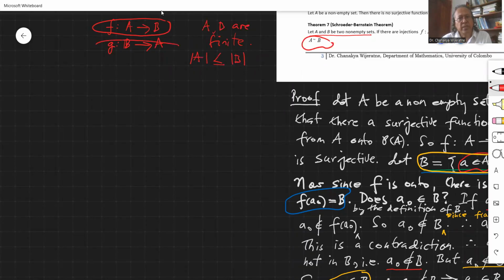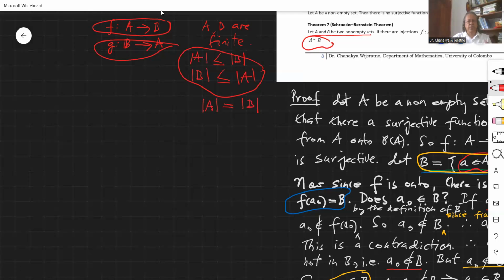And from the other injection, we can say that the number of elements in B has to be less than or equal to the number of elements in A, right? So if we have these two inequalities, we can say that the number of elements in A is equal to the number of elements in B, right?